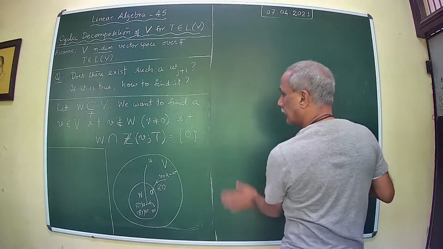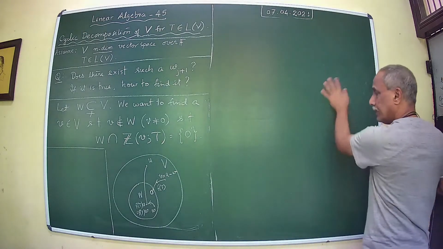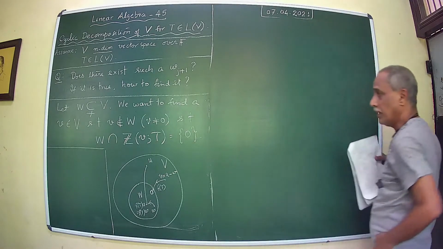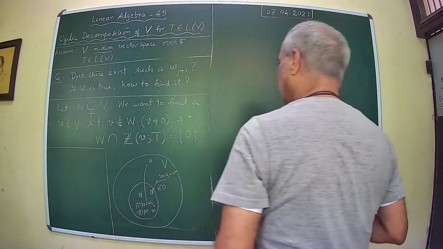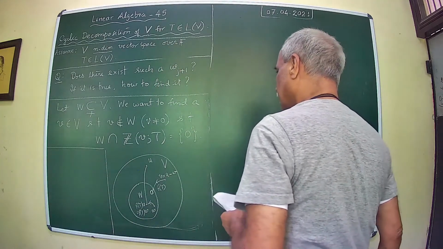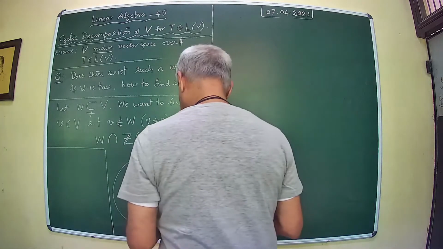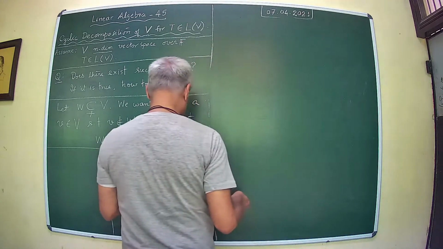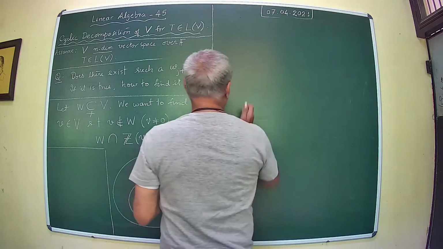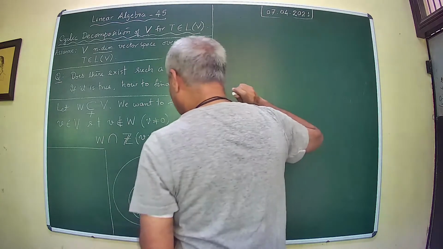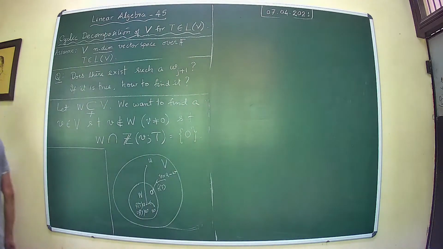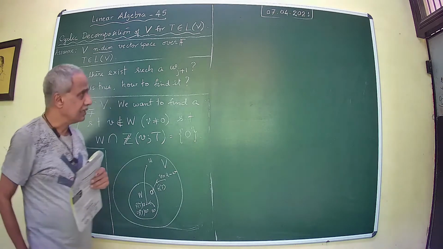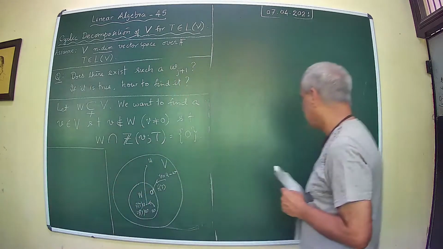We started with a proper subspace W of V. We want to find out a V belonging to V such that V does not belong to W and W intersection Z(V;T) is zero. So the whole problem, our objective, is to find this V. And hitting upon the right V is not that easy.